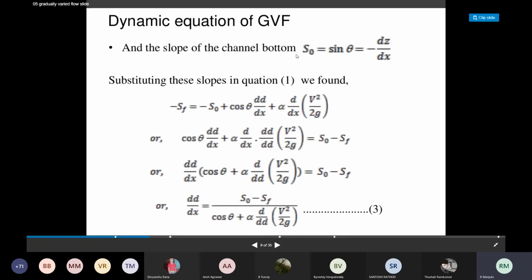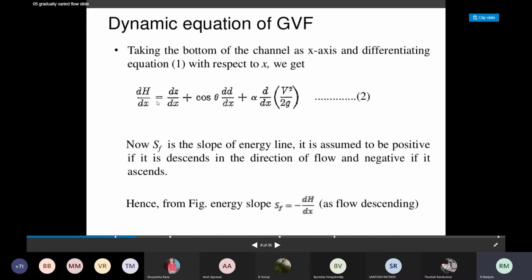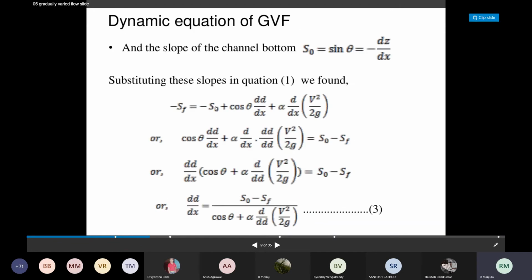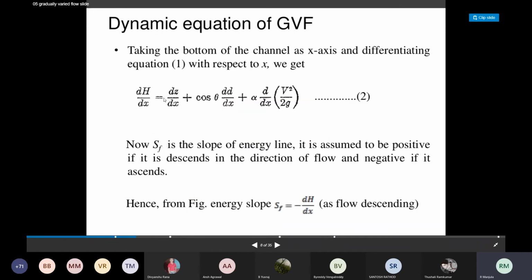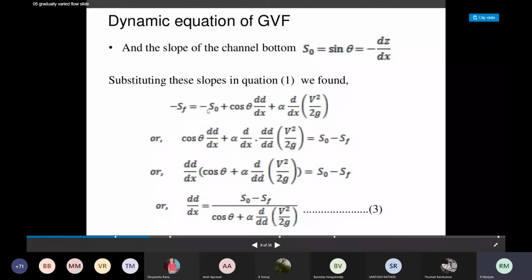The slope of the channel bottom S0 is sin theta, which is minus dz by dx. Now you substitute all the values. dh by dx is minus Sf, and dz by dx is minus S0.